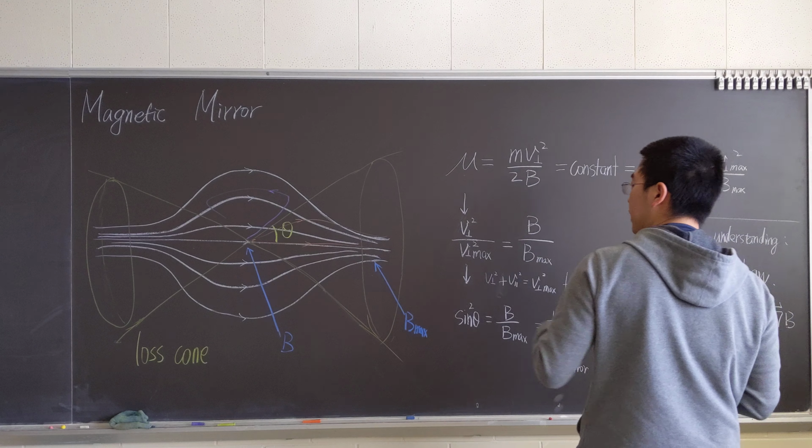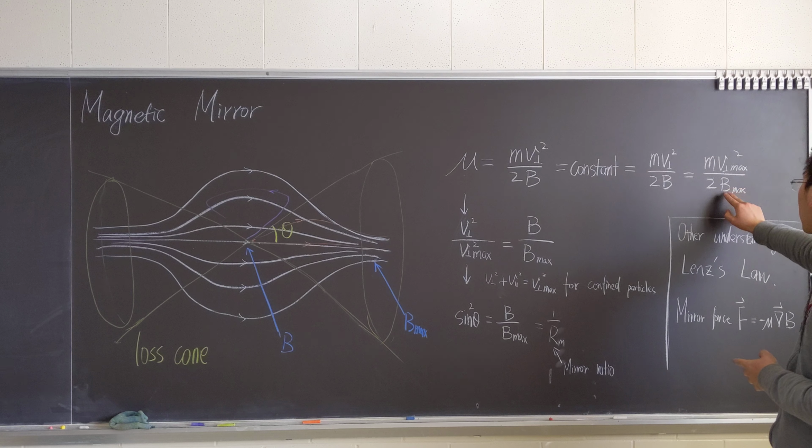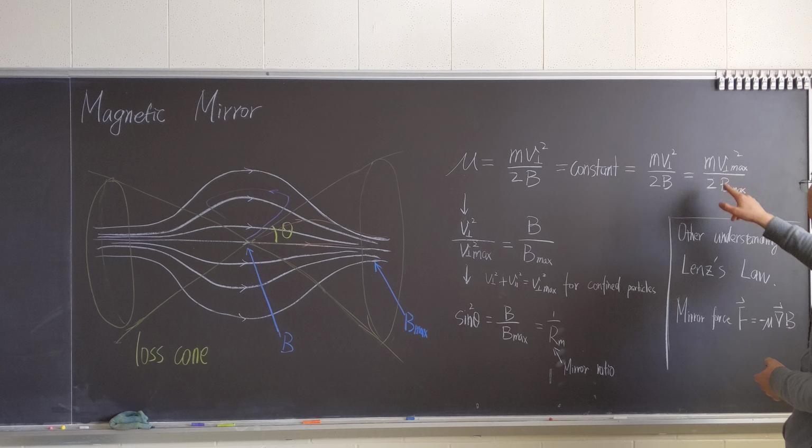So that means anywhere, m v squared over 2B equals that at any other place. As we know, that's the definition of an invariant. And we can assume that where the magnetic field reaches the maximum, which is this area, the V perpendicular reaches the maximum.